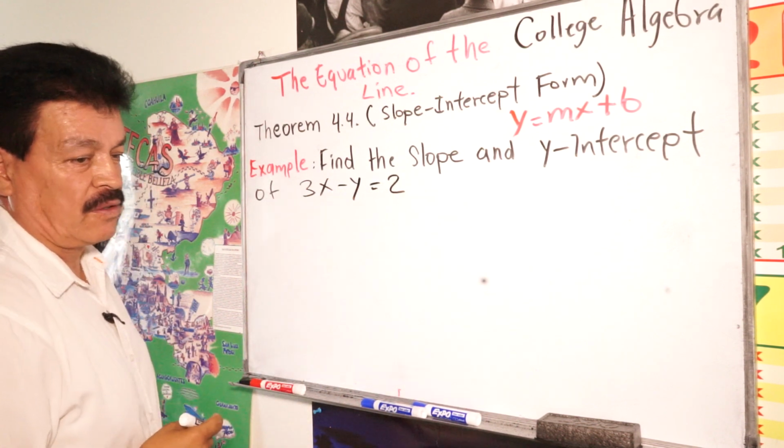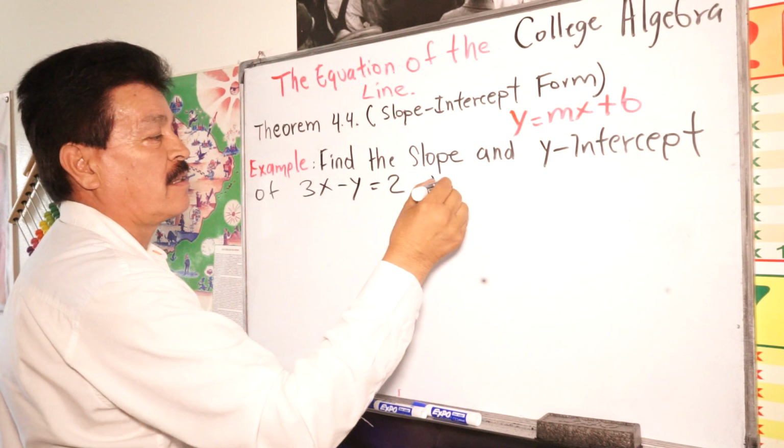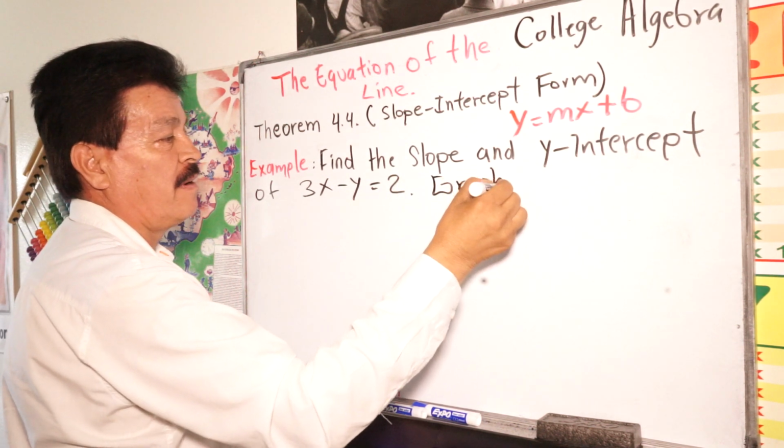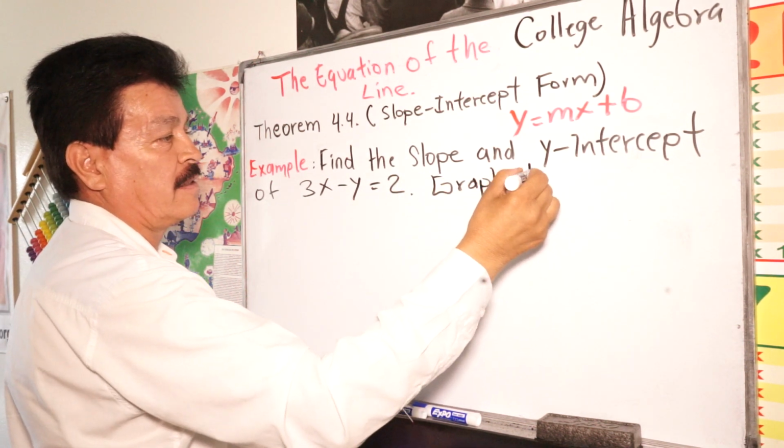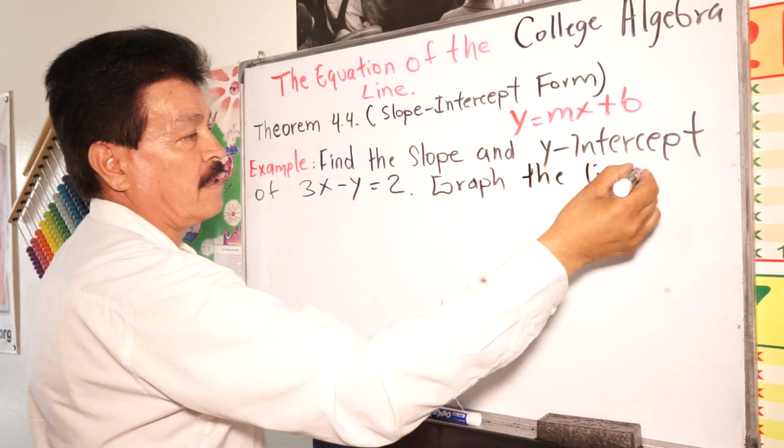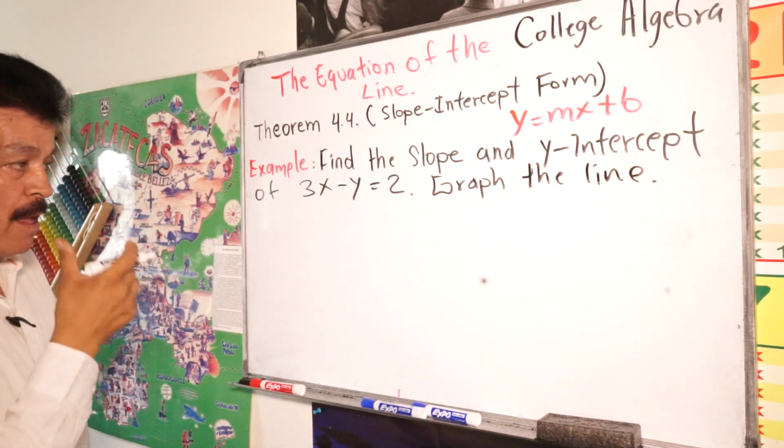This is our equation. And then graph the line. We have to make the graph too.